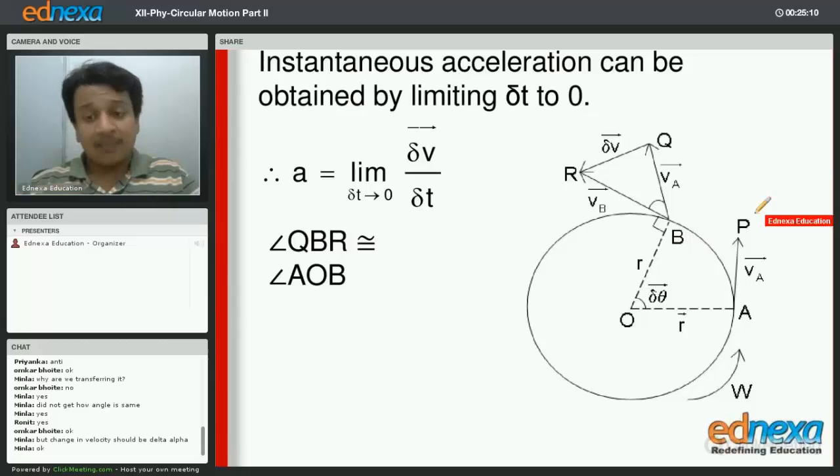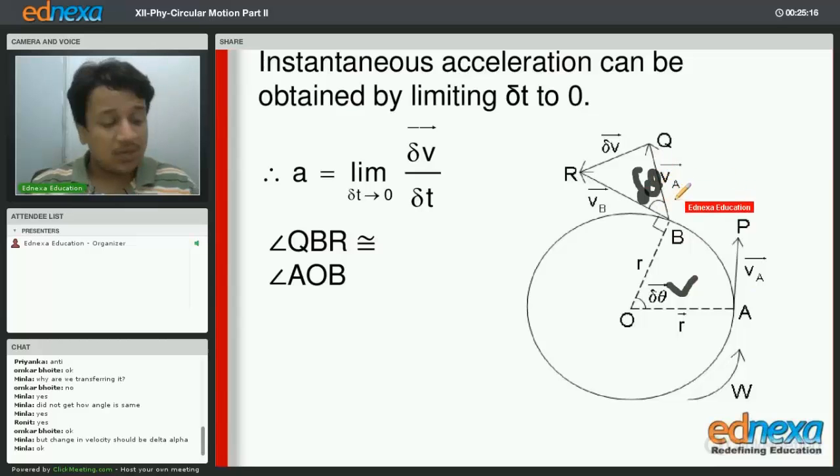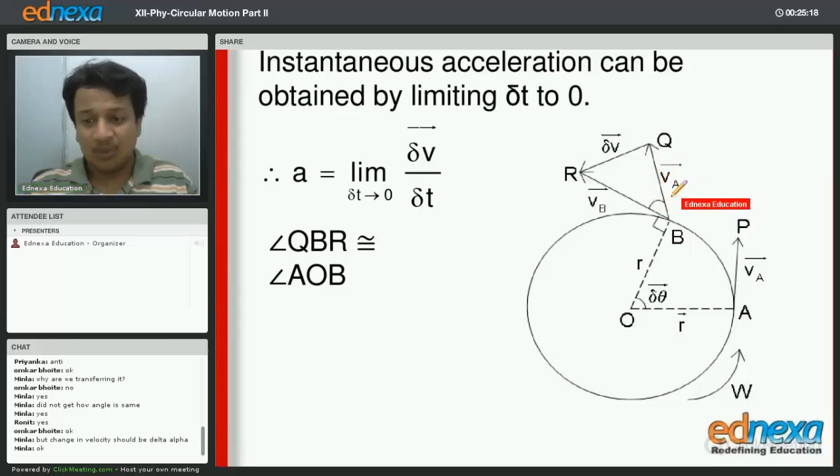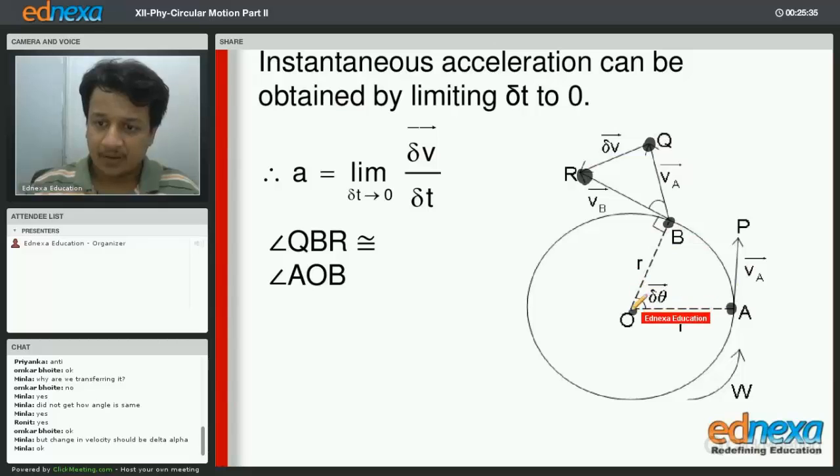Then let's concentrate on this triangle QBR. Now I can prove that when this is delta theta, this is also delta theta. How can I prove? See, if these two triangles are similar, then angles are also the same, no? Angle QBR is the same as angle AOB. Let's assume that this is a triangle.